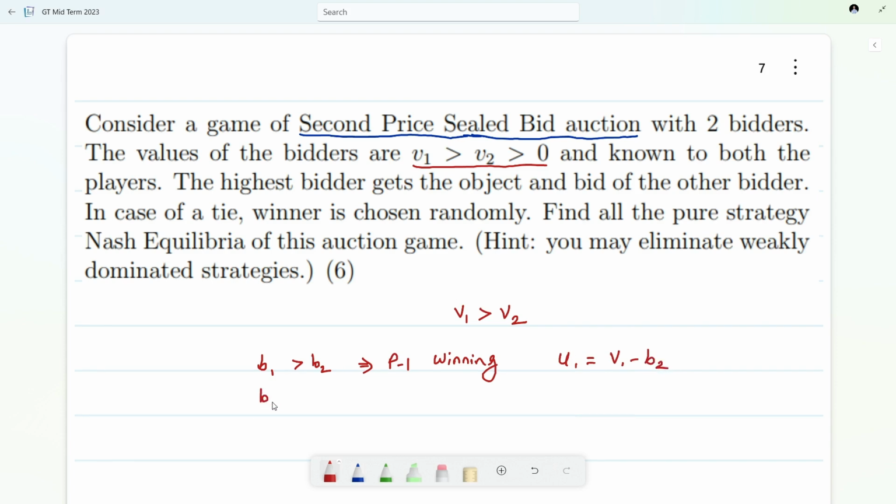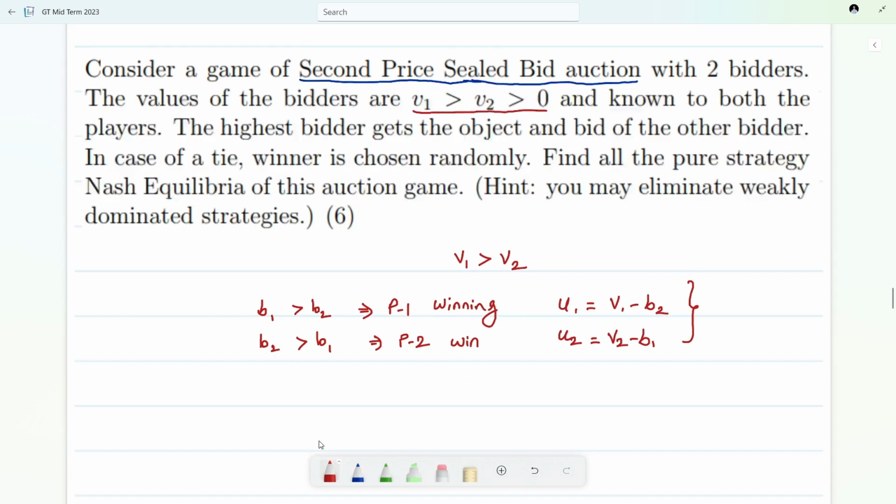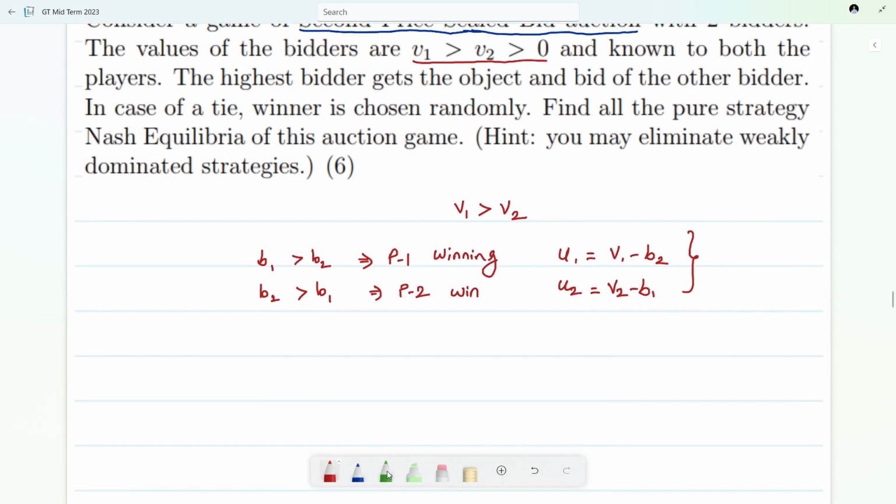And if it is the other way, player 2 will win the auction, and the utility will be V2 minus V1. I hope there is no confusion regarding this, because this is how the second price sealed bid auction works. Right.